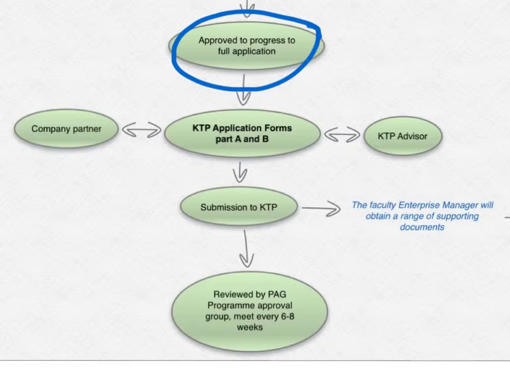A key aspect of Part A is the project plan. Here we detail every aspect of the work the KTP associate is going to undertake throughout the 1 to 3 years of the project, and we go down to a week by week level.